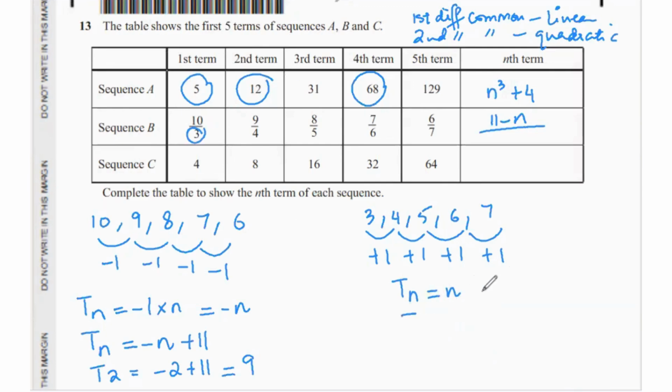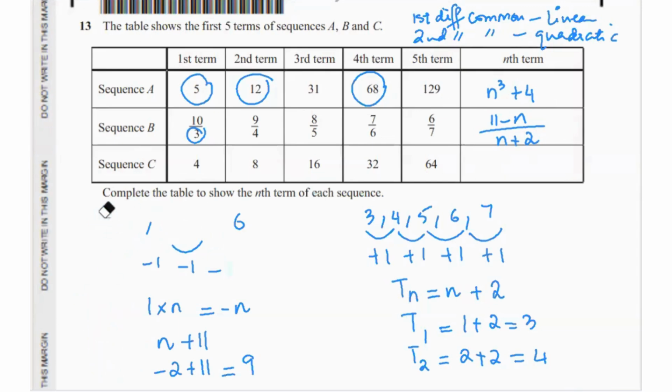So to turn 1 into a 3, we can add a 2 over here. So T1 would be 1 plus 2, which is 3. T2 would be 2 plus 2, which is 4, and so on. So that means the denominator is n plus 2. So 11 minus n over n plus 2 is the nth term for sequence B.